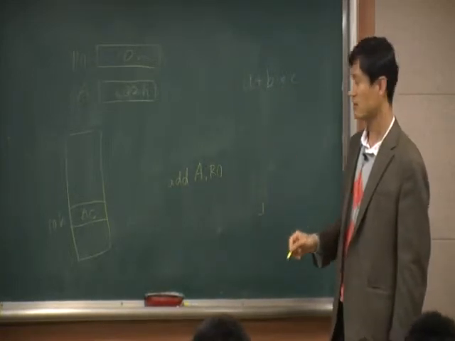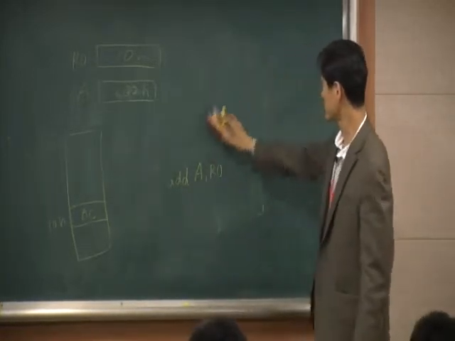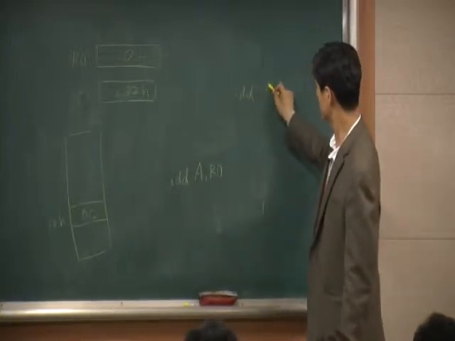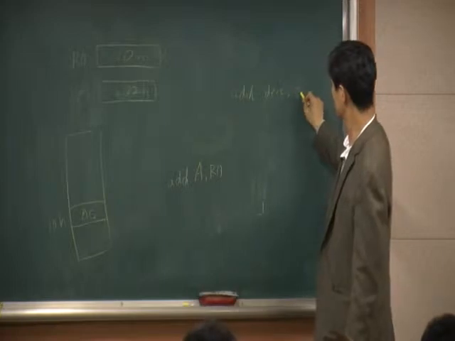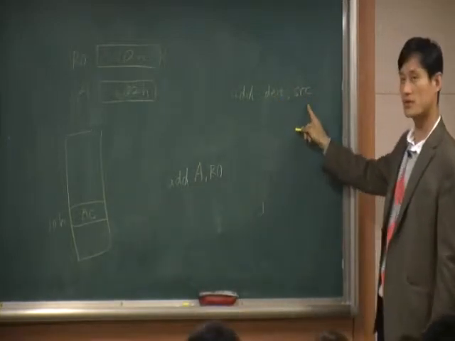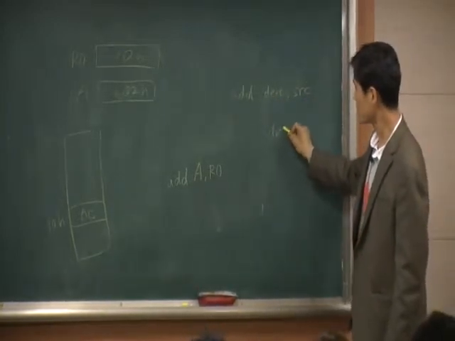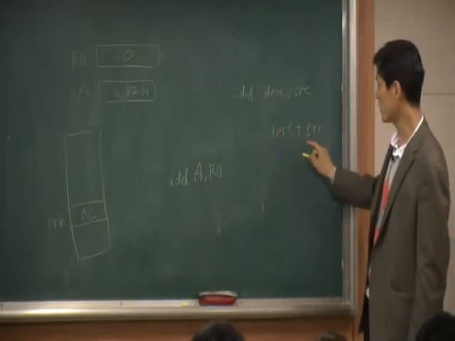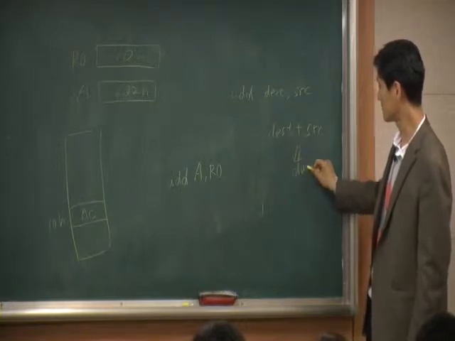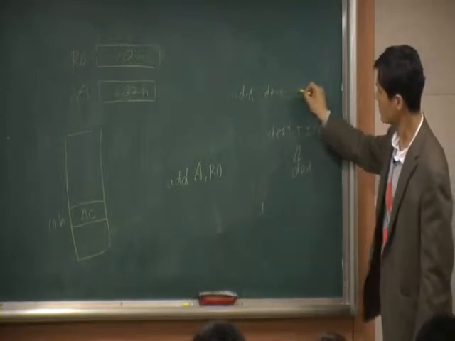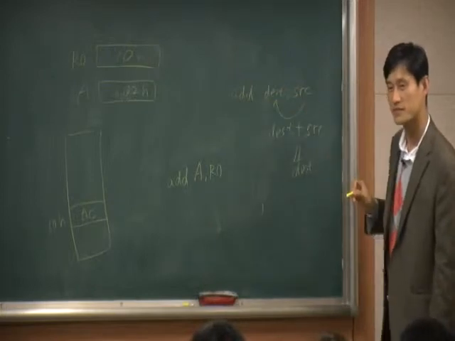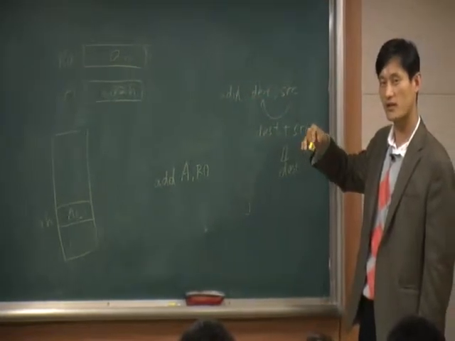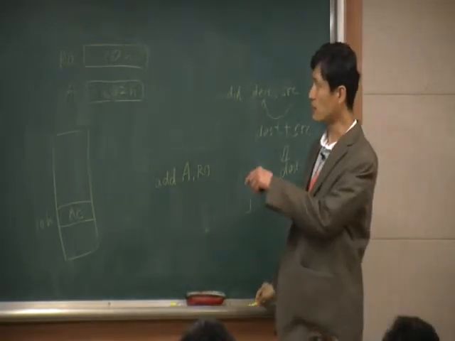In assembly, what happens is you have a destination and source, and you first add these 2 values, and the result goes back to destination. So you add these 2, and the result goes back to here. So the value in destination is now changed. Okay, that's what happened in addition. So let's do that here.